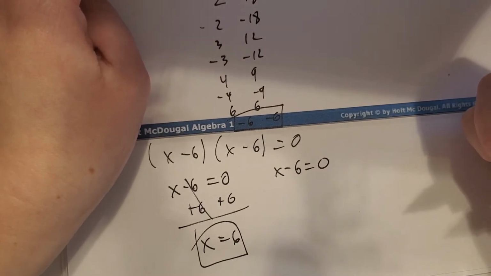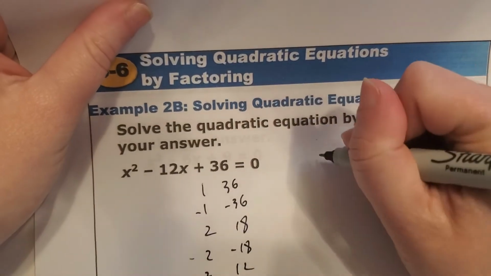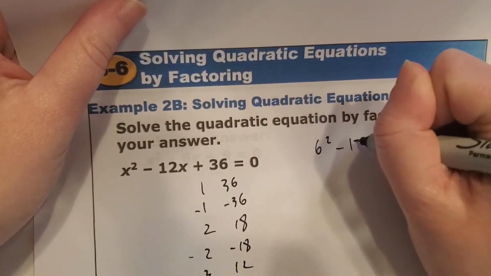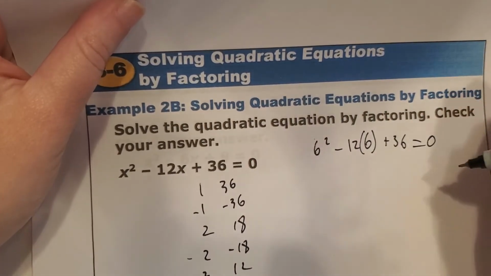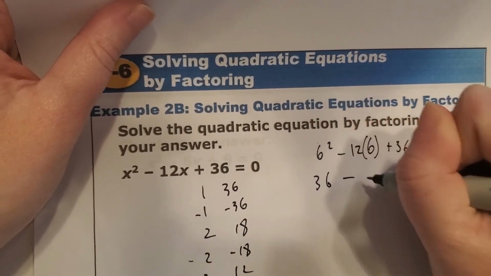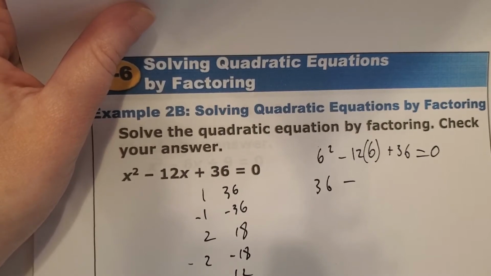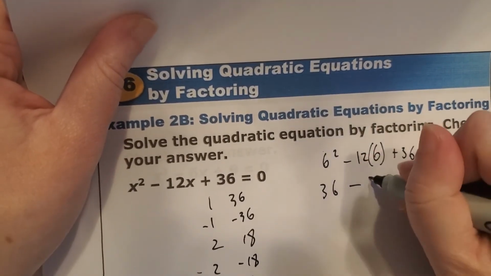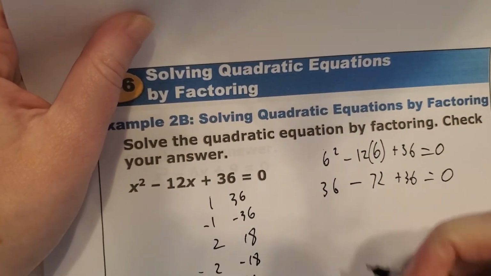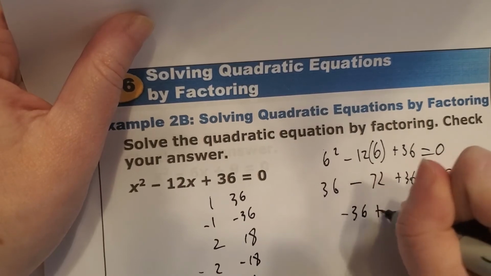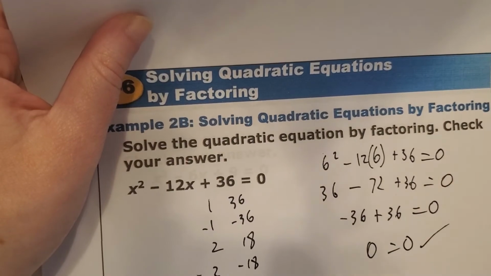If we check this one solution by plugging it back into the original, 6 squared minus 12 times 6 plus 36 should be equal to 0. 36 minus, what's 12 times 6? 72. Plus 36 should equal 0. 36 minus 72 is negative 36. Plus 36 does equal 0. So we're good on that.